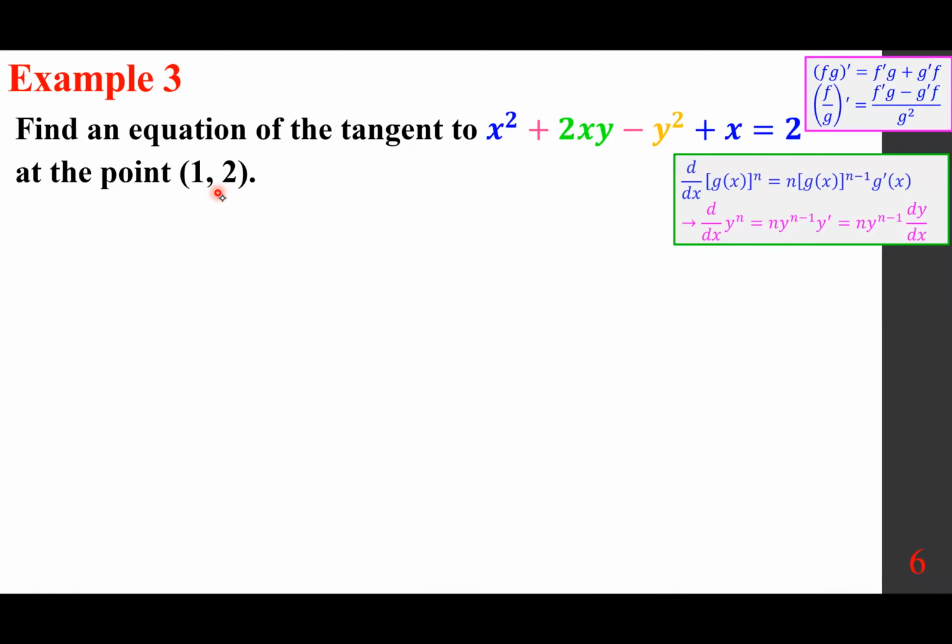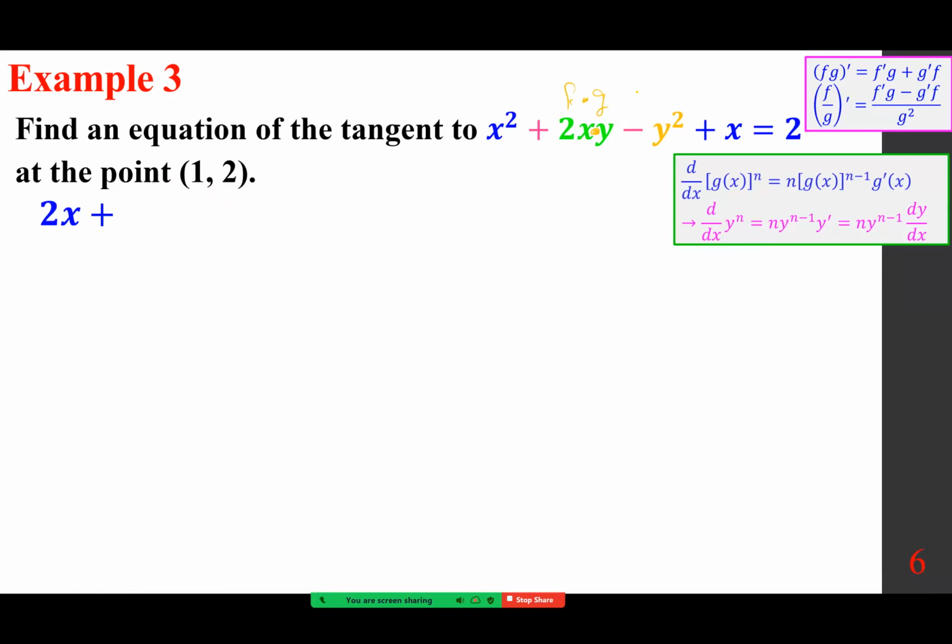We are going to do it implicitly. Therefore, x squared gives us 2x. I put a raised dot between 2x and y, and I call it f times g.